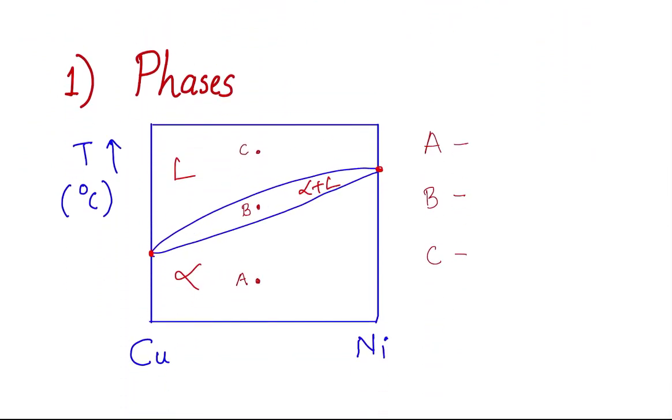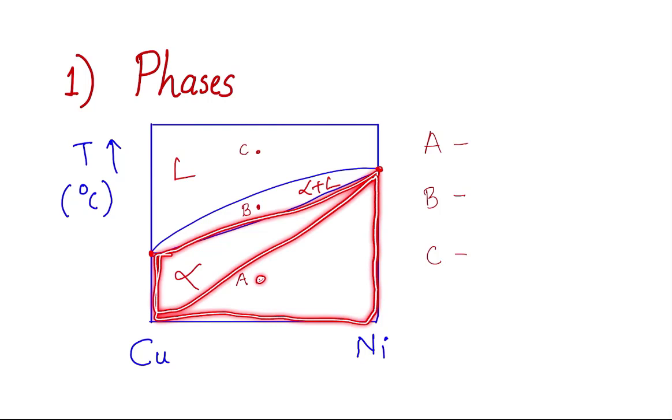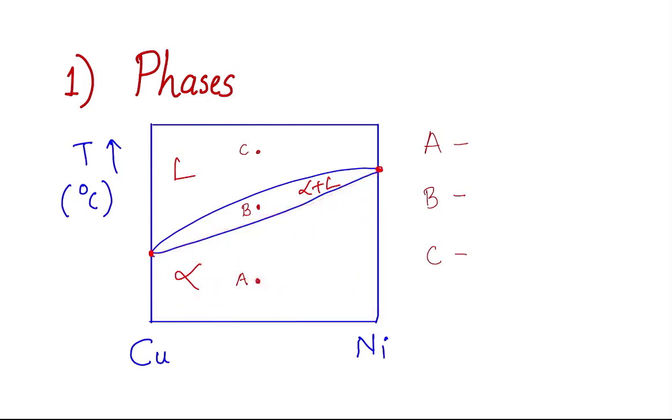First, phases. The same phase diagram has been shown here. At point A, the number of phases is only solid because this point A lies in this boundary. So you have to find out the number of phases in that particular boundary. In this boundary we have only one phase, that is the solid phase, which we denote by alpha.